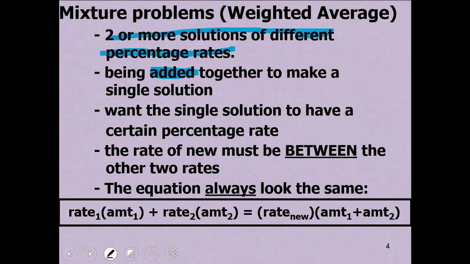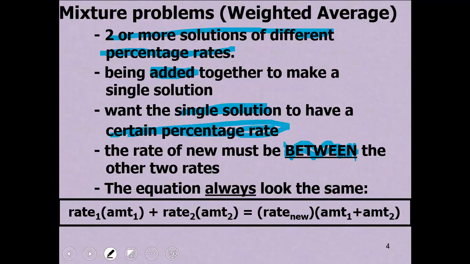Okay? You're going to take a 10% solution and you're going to mix it with an amount of 15% solution so that you get some kind of solution that's like 12.5%. All right? And we want that single solution to have a specified percentage rate. Okay? Keep in mind that the rate has to be between the two other rates. All right?